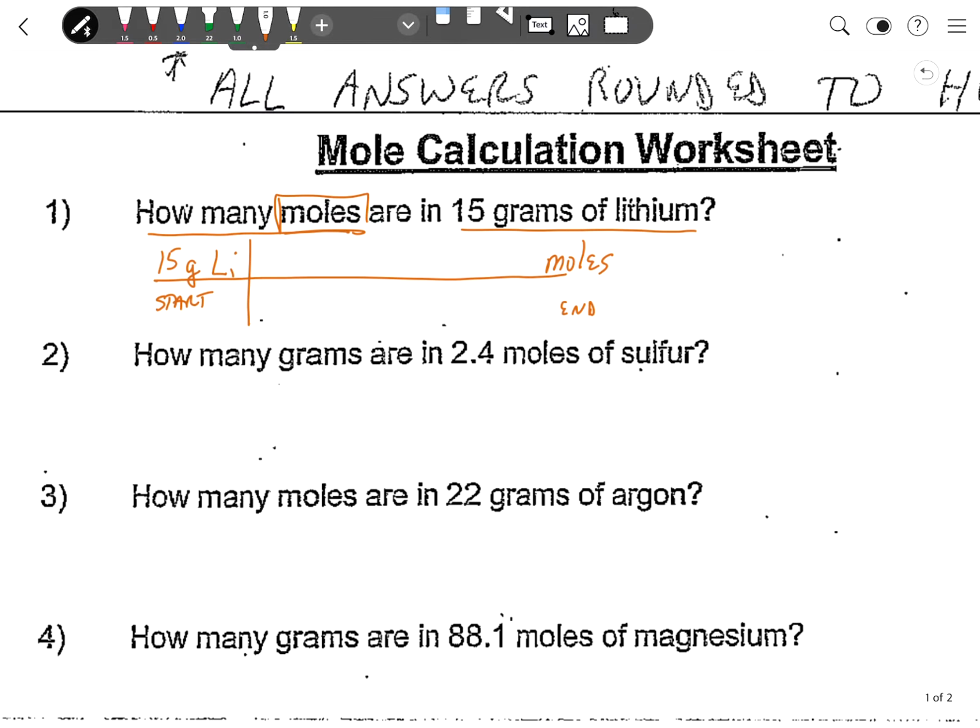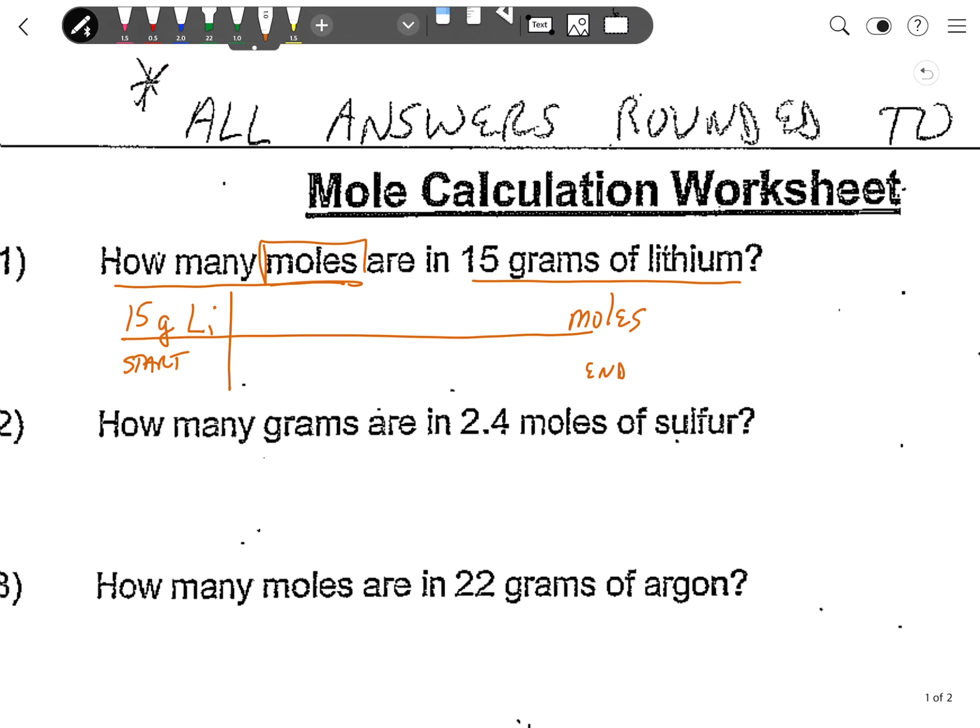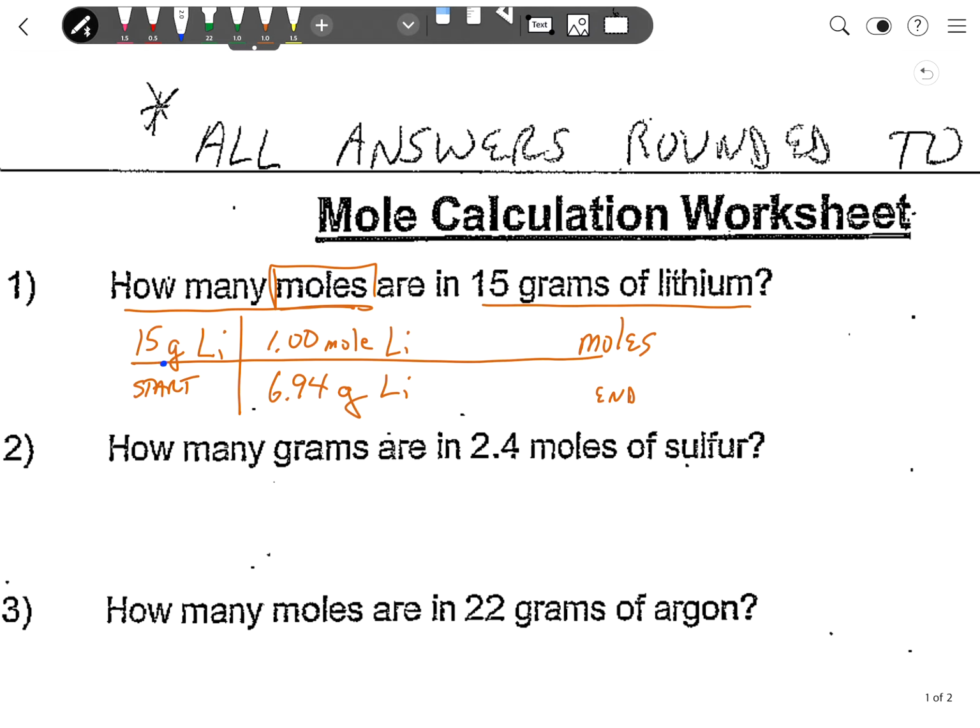So there's our problem again. We have 15 grams of lithium. We write 1 mole of lithium over the molar mass of lithium, which is 6.94 grams. Now I want to see that my units cross off and I'm left with moles on top.